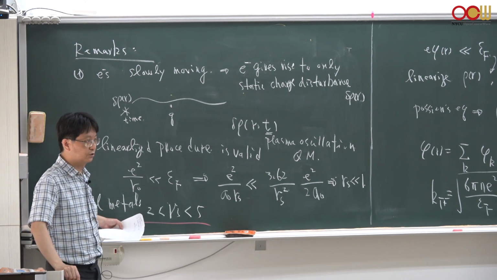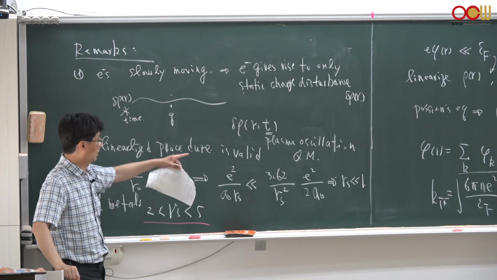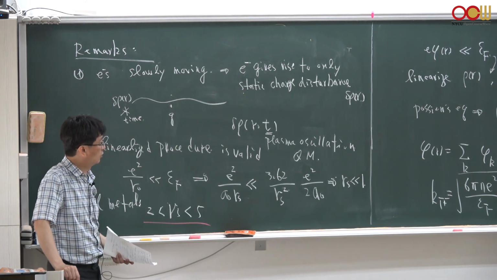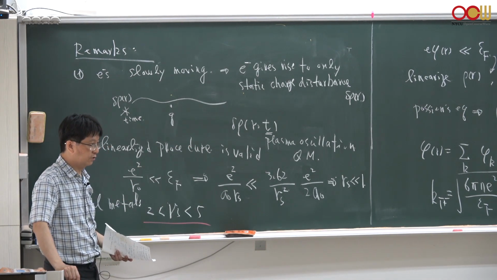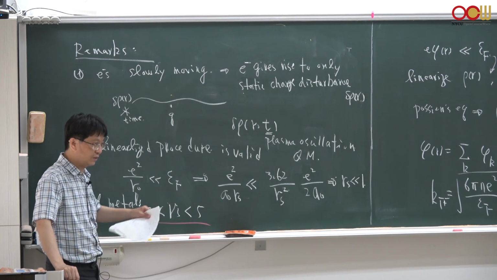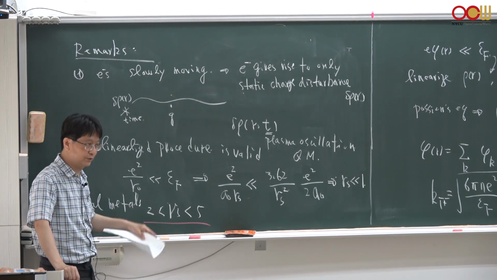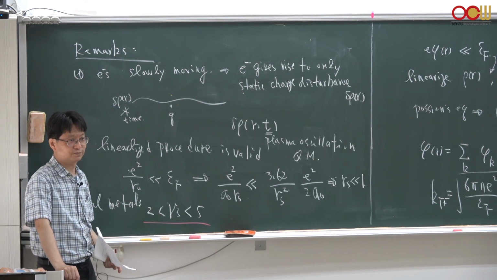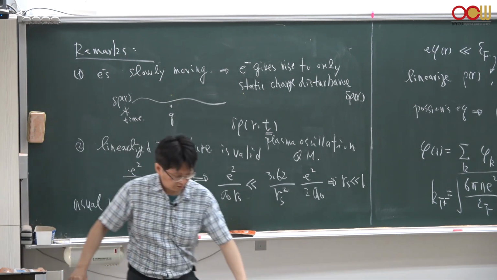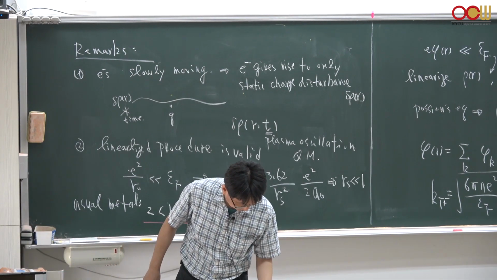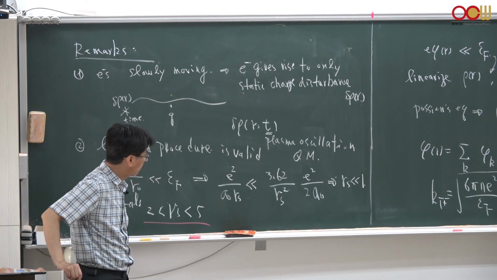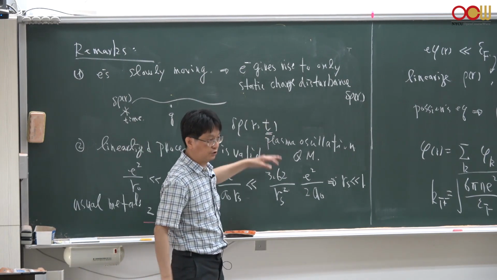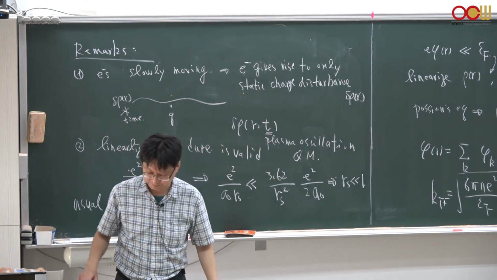And therefore, to really capture this kind of screening of a Coulomb potential in a quantum mechanical system, we need to address this issue purely quantum mechanically. So these are the two major remarks, but we will discuss this plasma oscillation phenomenon next time.